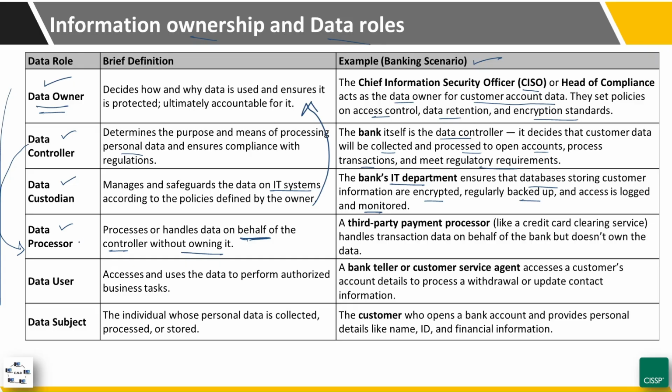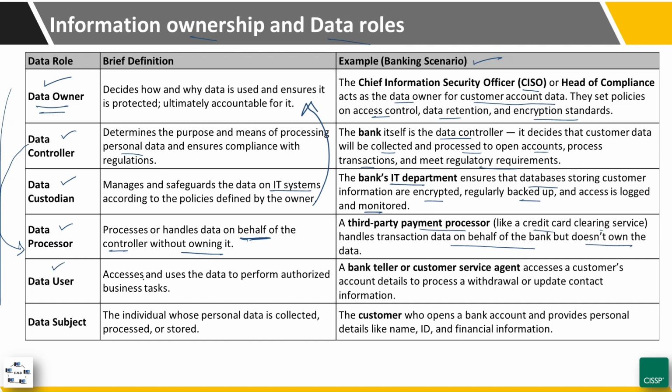So the data processor does not own the data, it simply processes it on behalf of the controller. In our banking example, the data processor is maybe a third party payment processor, like a credit card clearing service that handles transaction data on behalf of the bank but does not actually own the data.